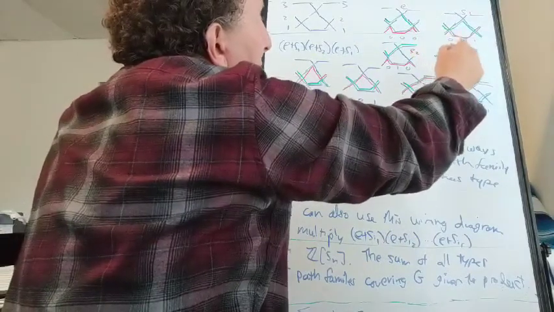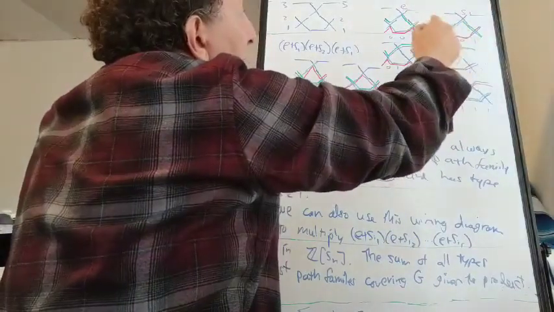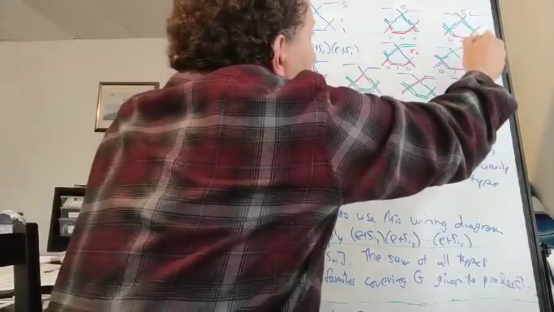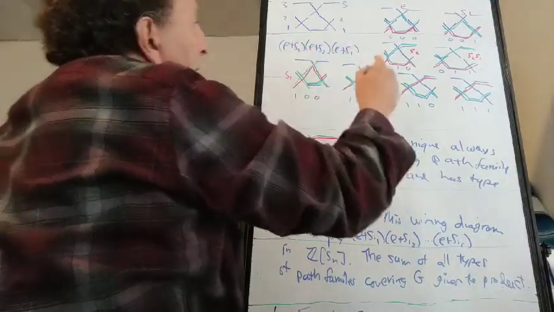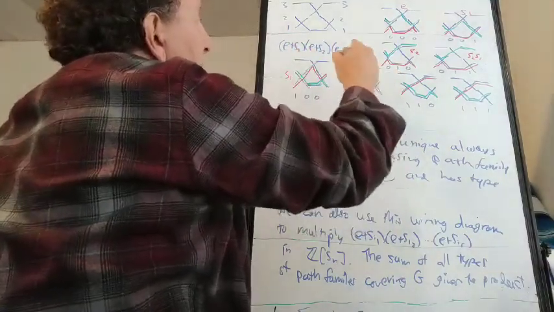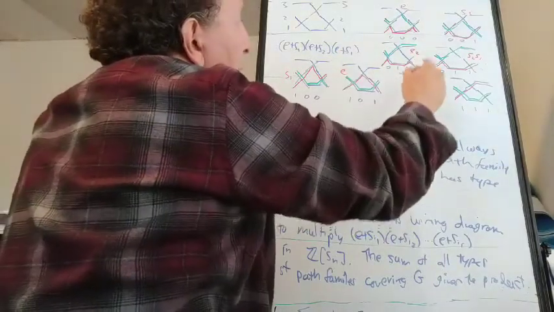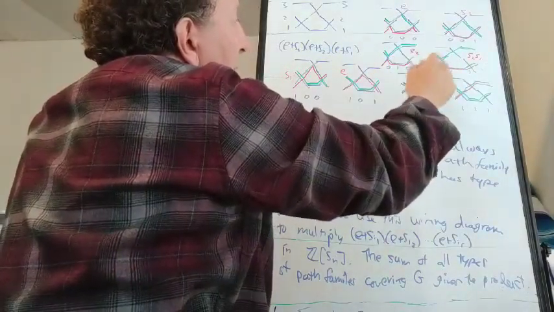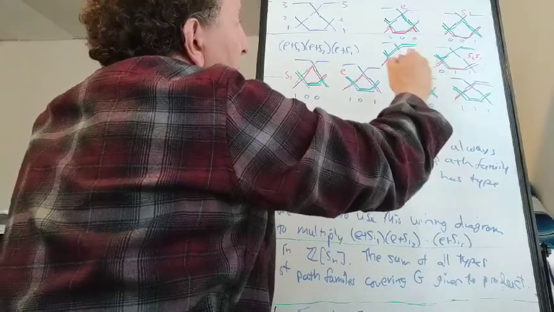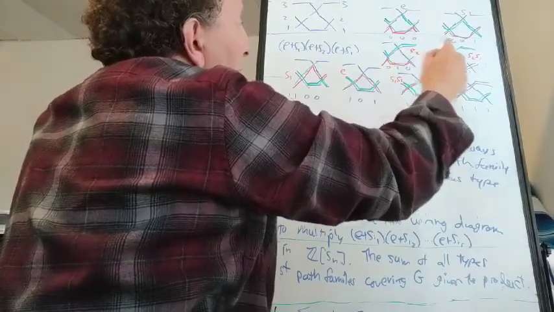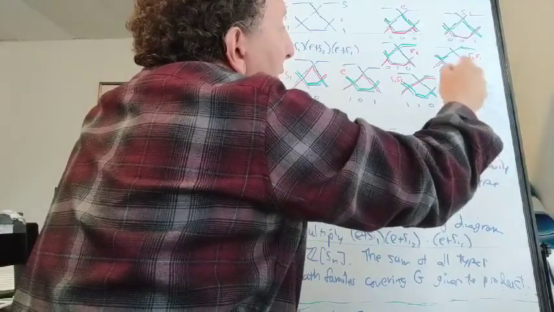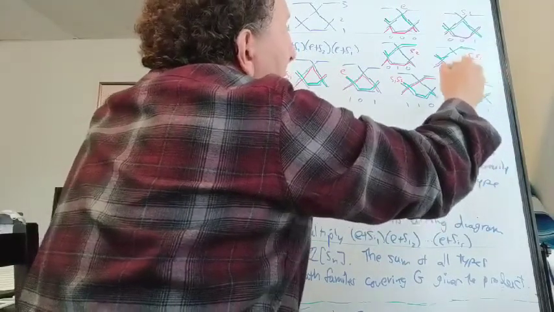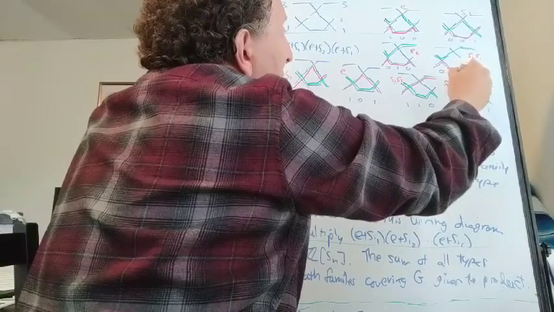Here we've got 1 goes to 2, 2 goes to 3, 3 goes to 1, that's s2 s1. 1 goes to 2, 2 goes to 1, that's s1. 1 goes to 1, 2 goes to 2, that's e. 1 goes to 3, 2 goes to 1, 3 goes to 2, that's s1 s2. And then 1 goes to 3, 2 goes to 2, 3 goes to 1, that's s1 s2 s1.